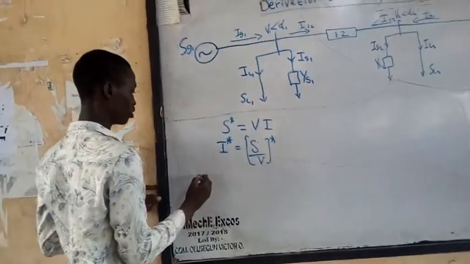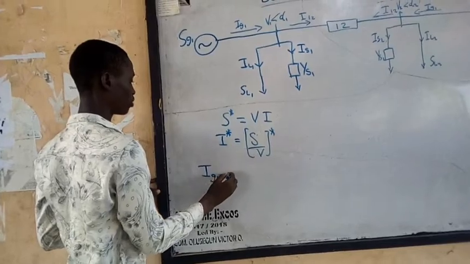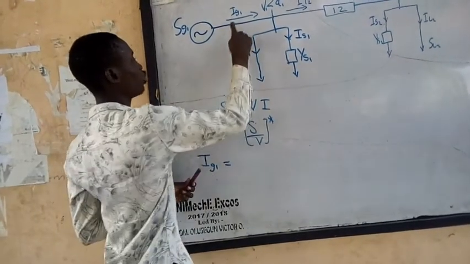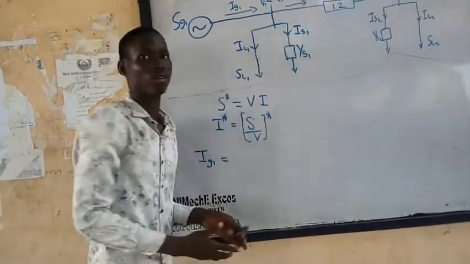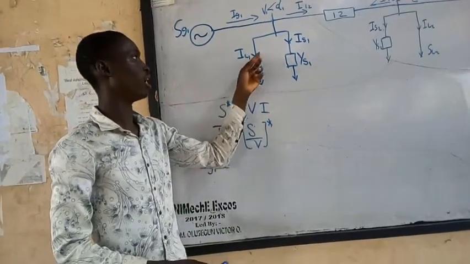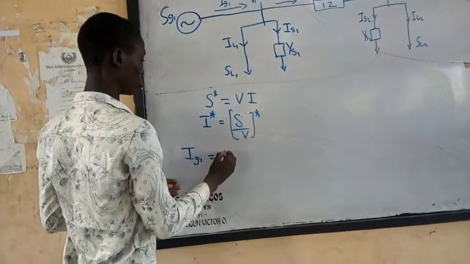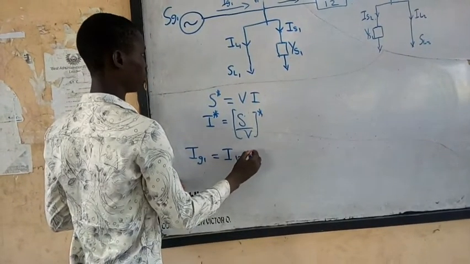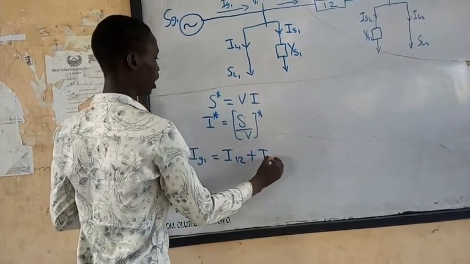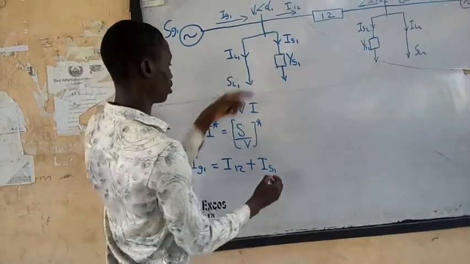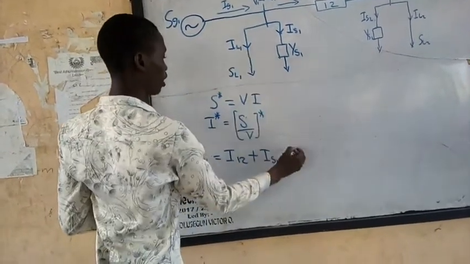Since we know this, we'll say IG1 is equal to I12, and we also add IL, and also add IS1. So IG1 is equal to I12 plus IS1 plus IL1.